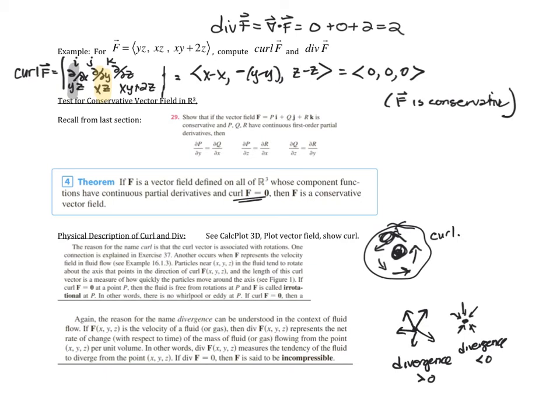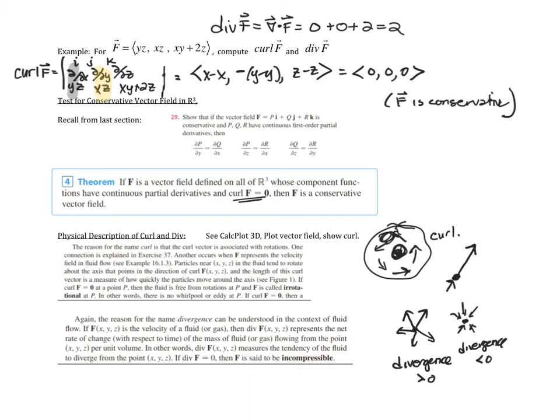Okay, so if it's positive, it's flowing out from that spot, maybe that's a source of water, maybe a faucet's turned on there. If the divergence is negative and maybe it's all coming in, maybe that's a sink or a drain. Sometimes we have spots where we have both fluid flowing out and fluid flowing in.